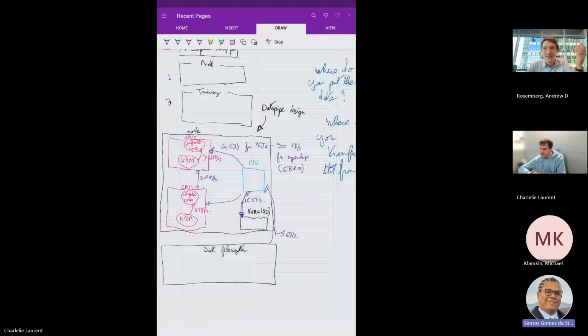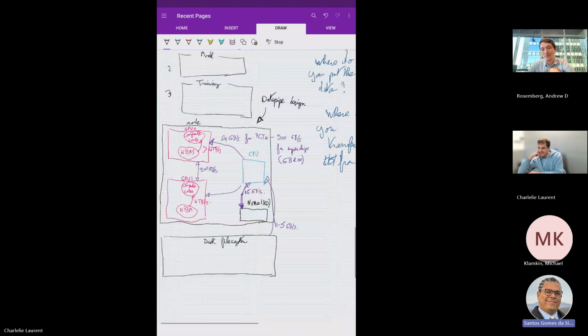I always put it in HBM in my last project, because the data sets are very small, so I just put all of them directly on the GPU. But I imagine what is being hinted at is that your data set is big enough that I would put it first in SSD and then transfer it.